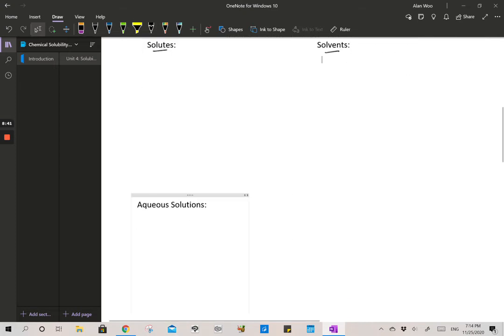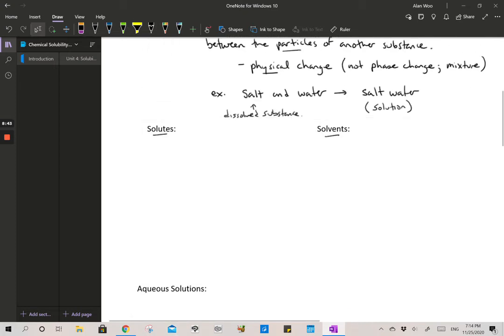In actual fact, solutes are often solids, but they can also be liquids and gases. So because they can also be liquids and gases, saying that solutes are only solids that dissolve in another material is inaccurate.